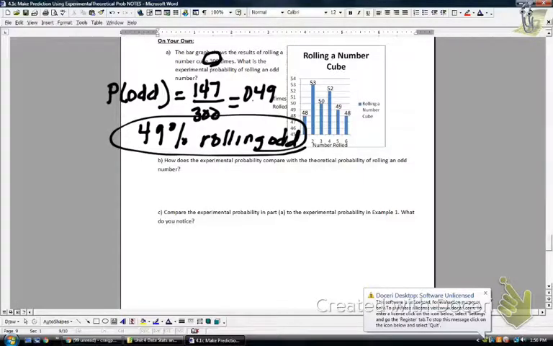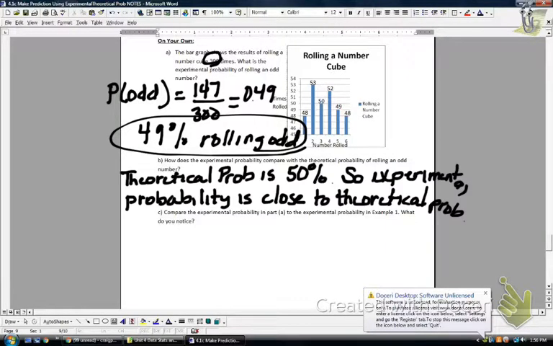Part B says, how does the experimental probability compare with the theoretical probability? Alright, so the theoretical probability is 50%. So experimental probability at 49% is very close to theoretical probability, and that's what you would expect. The more times you roll a number cube, the closer you're going to get to the theoretical probability.